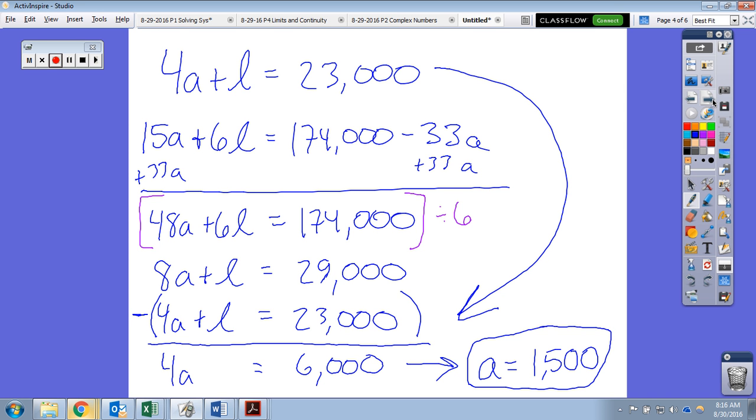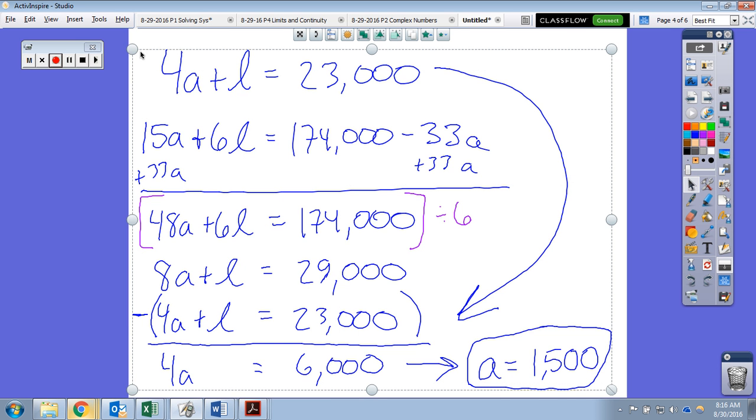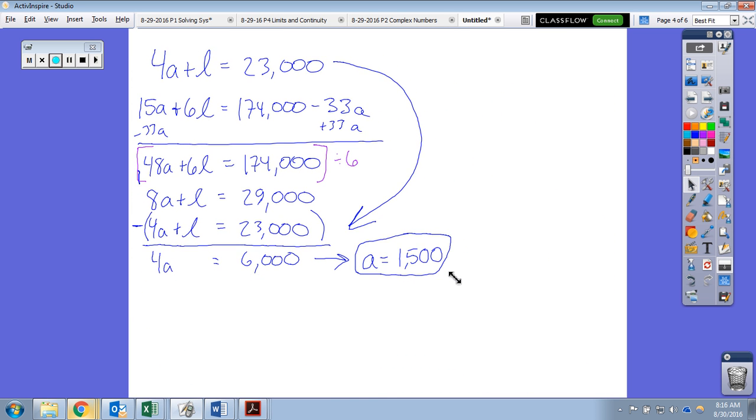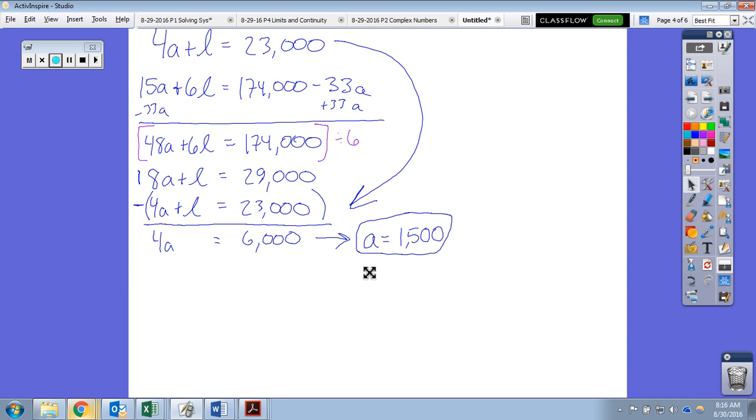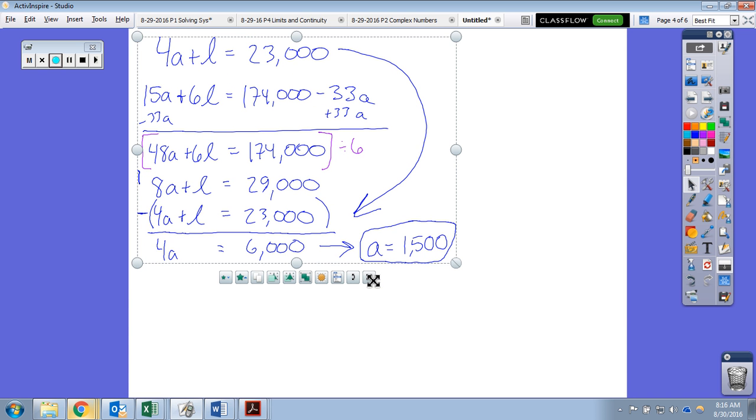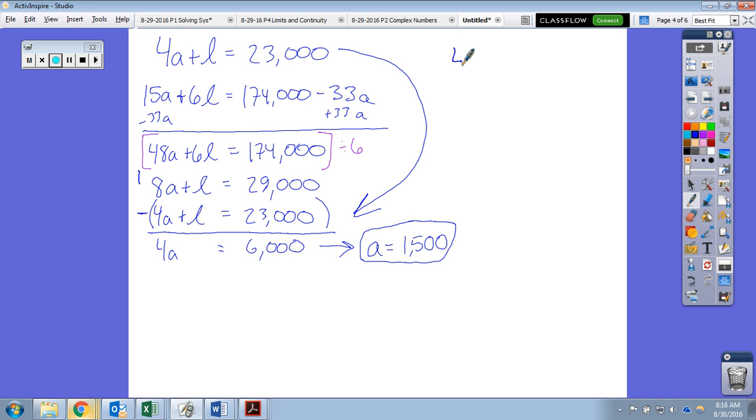I'm going to run out of room here, so let's shrink this a little bit. You guys can still read that in the back? Good. So now just substitution. 4A plus L equals 23,000.